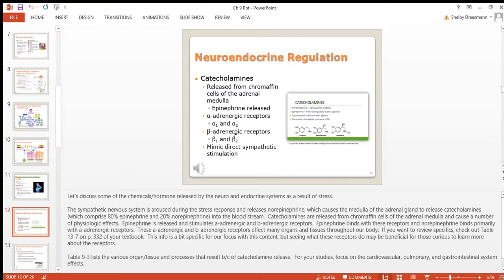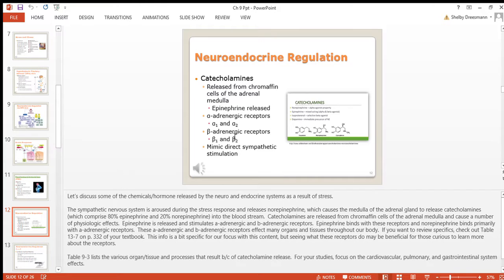Moving on, neuroendocrine regulation. So catecholamines are released from chromaffin cells of the adrenal medulla. Epinephrine releases adrenergic receptors A1, A2, and beta adrenergic receptors B1, B2, and they mimic direct sympathetic stimulation.